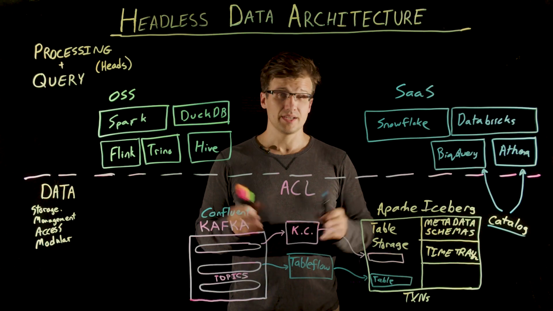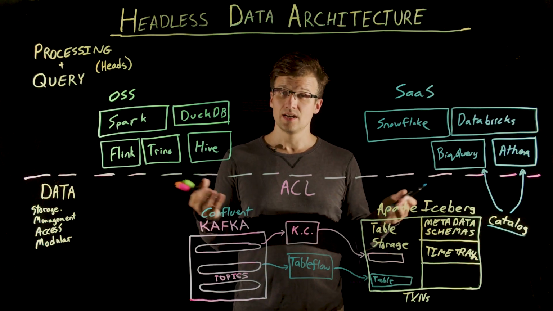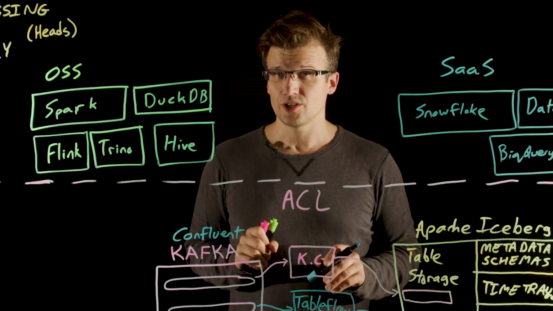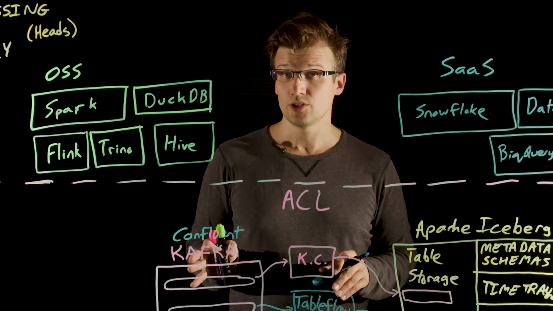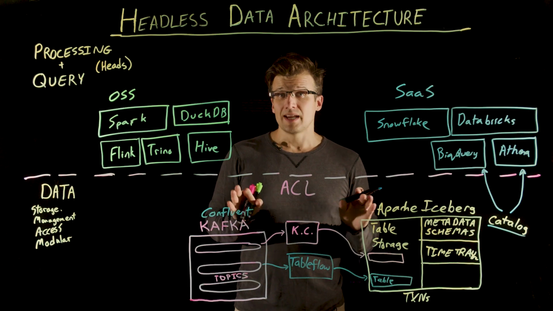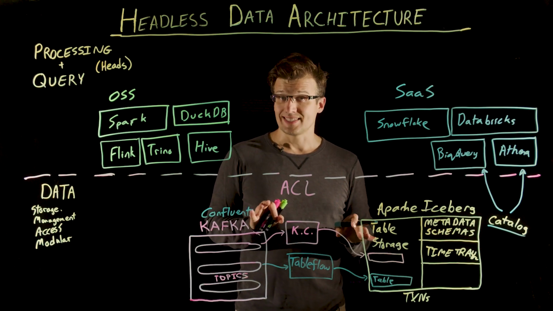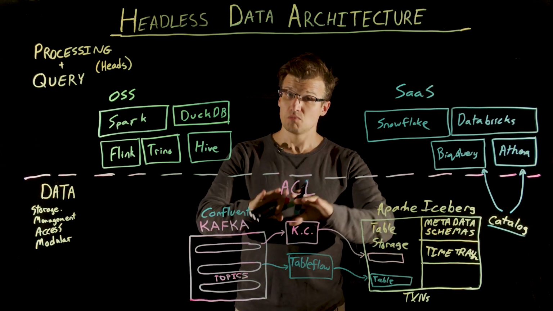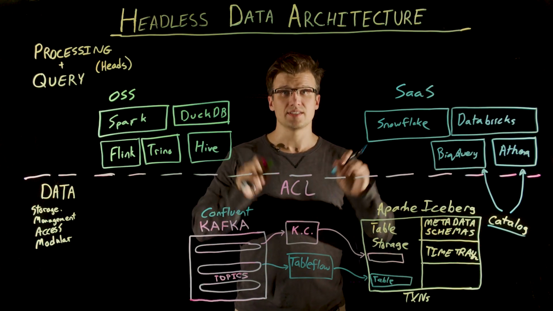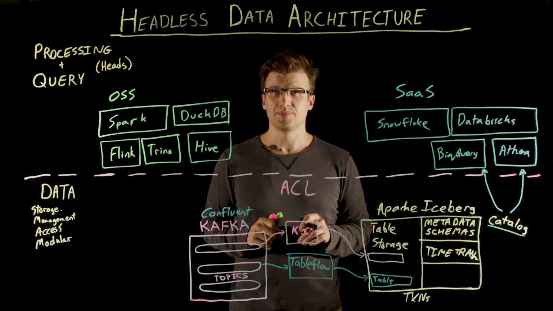Then you simply plug in whichever processing heads you need for your business use cases. You can manage your data from a single logical location, including permissions, schema evolution, and things like table optimizations. And to top it off, it makes regulatory compliance a lot simpler since your data resides in one place instead of being copied and passed around to every processing engine that would otherwise need it.